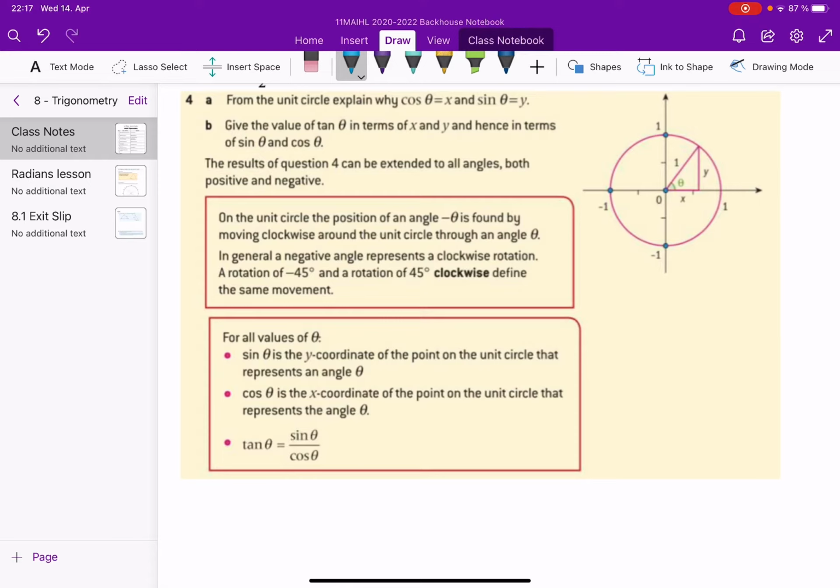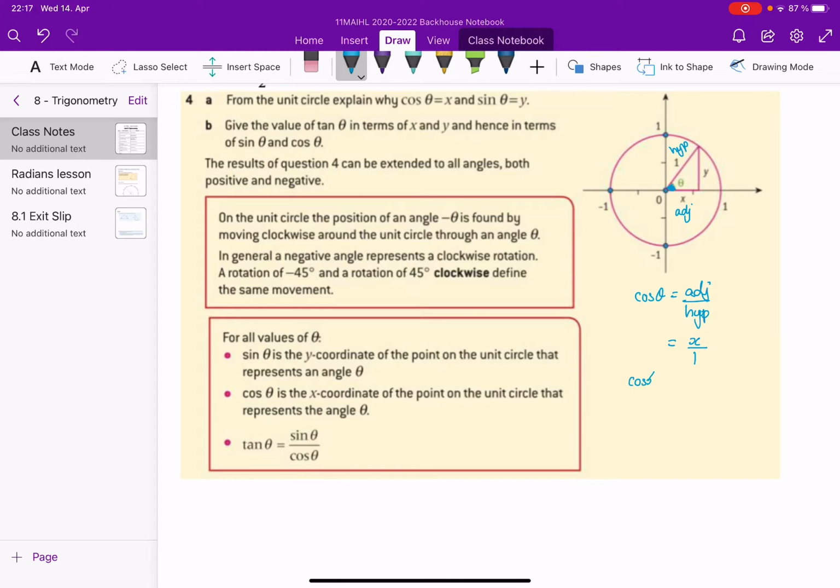From the unit circle, explain why cos theta equals x. Okay, so looking at this unit circle, I've got theta marked here in this triangle, and I'm just going to think, well, if I'm talking about cos theta, cos is the adjacent, this side's the adjacent, divided by the hypotenuse. So cos theta is adjacent divided by hypotenuse, and in our triangle, the adjacent side is called x, the hypotenuse is 1.